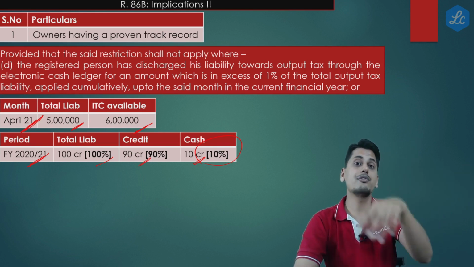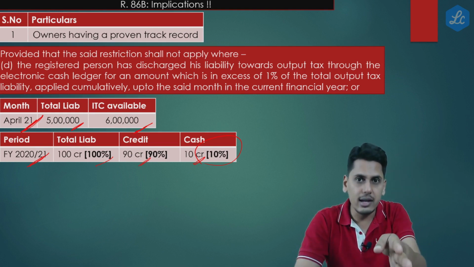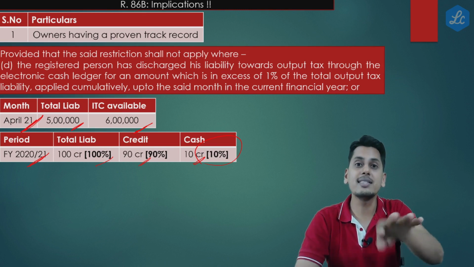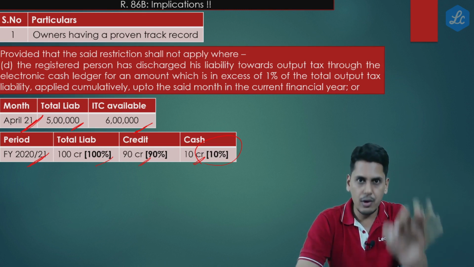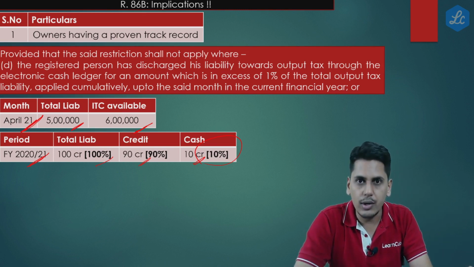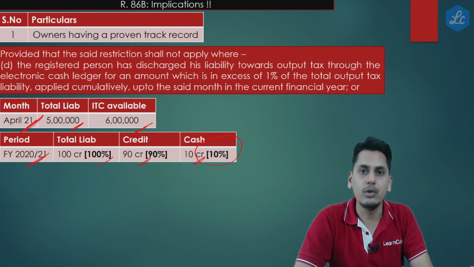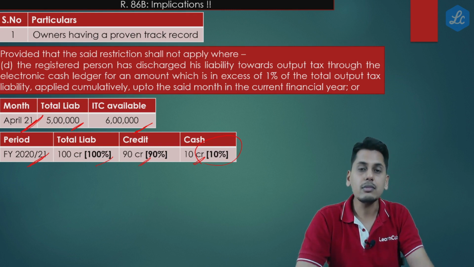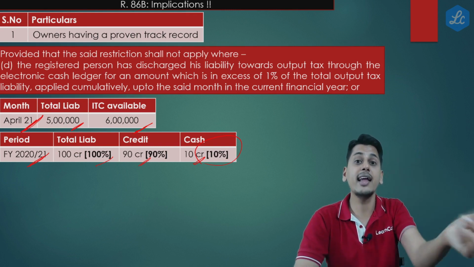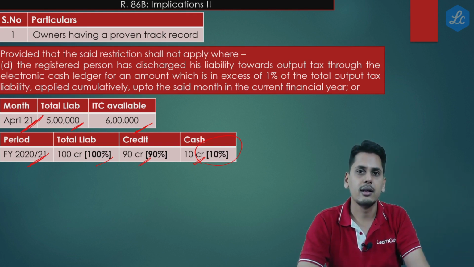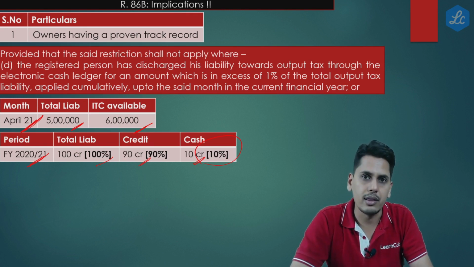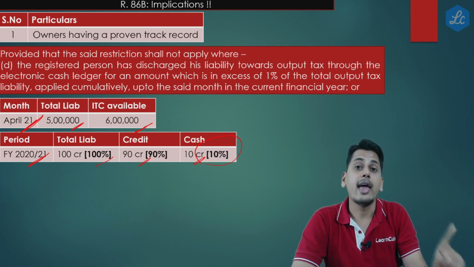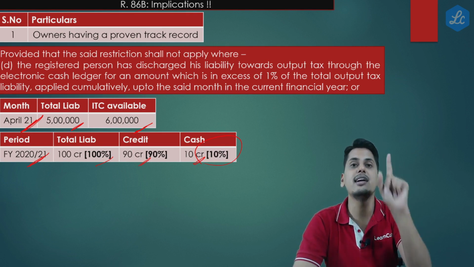For the relaxation of refunds, if you have already obtained a refund of greater than 1 lakh rupees in the preceding financial year, if you had made zero rated supplies under LUT, or if your tax structure was inverted duty structure, and if you would have got a refund of rupees 1 lakh from your unutilized input tax credit, then in the current financial year you need not comply with 86B. So friends, so far whatever relaxations we have seen, everything was based on the preceding years.